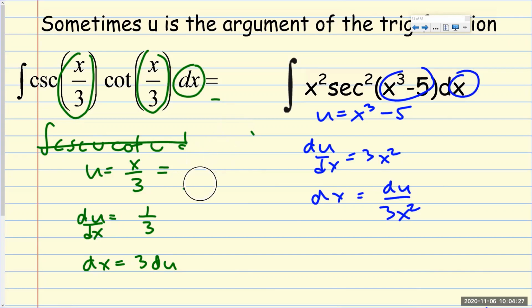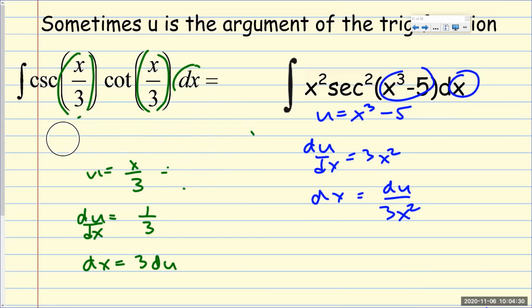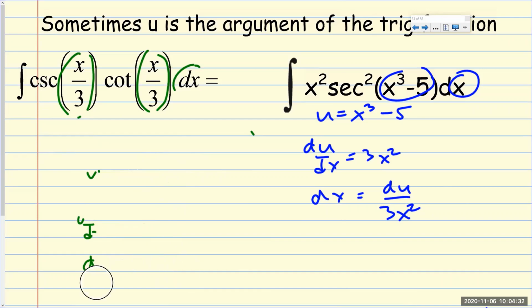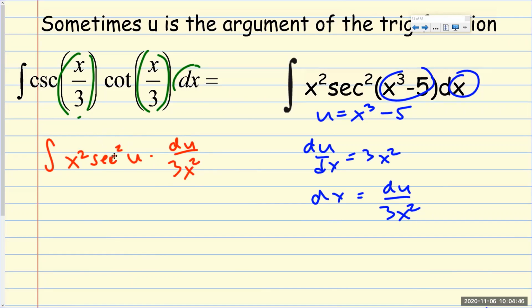You're going to substitute two things: your u and your dx. And you have to ask yourself, do your x's cancel out? Because you're not allowed to have any x's. There's no such thing as implicit integration. Do my x's cancel out?